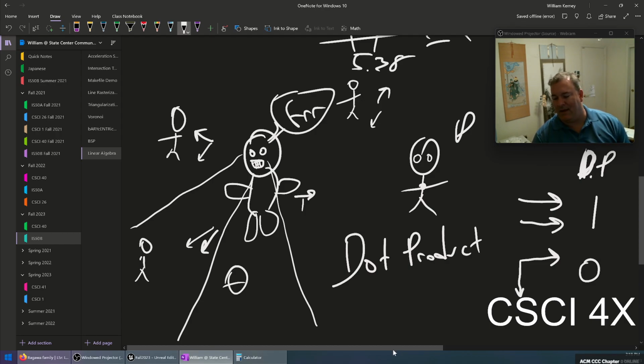And then if you have one vector one way, and you dot product it with a vector facing the other way, you get -1. Okay? And so the dot product actually just gives you the cosine, if you've taken trig, of the angle between the two things. So if you have two people that are pretty close to each other, you'll get a dot product of like 0.8 or 0.9 or something like that.